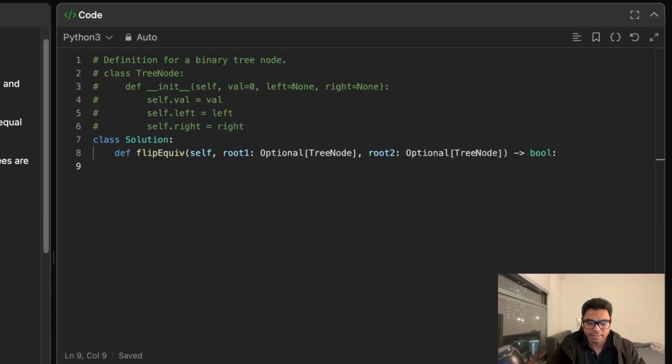All right, so what I said is, first we check if not root1 and not root2, that means they are both empty and equal, so we return true.